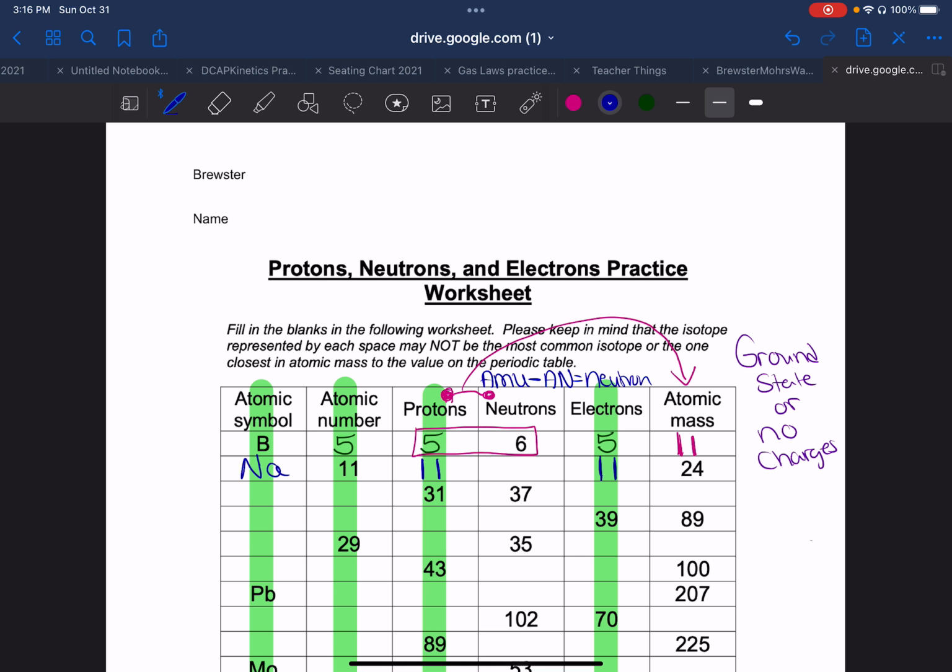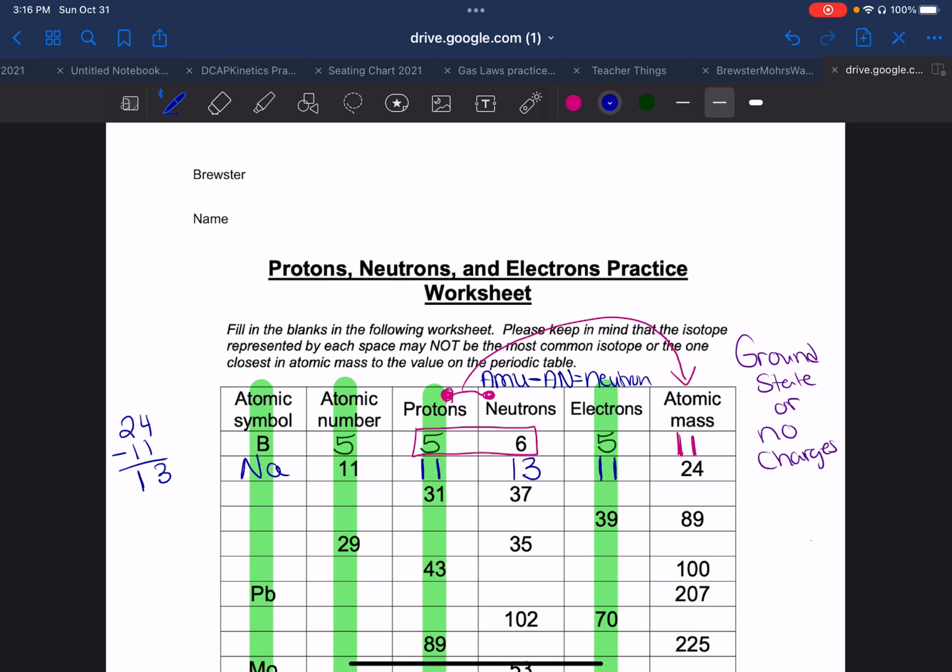Now, it says that the atomic mass is 24. So 24 minus 11 gives me my neutron count, which is 13. And that's my neutron count there.